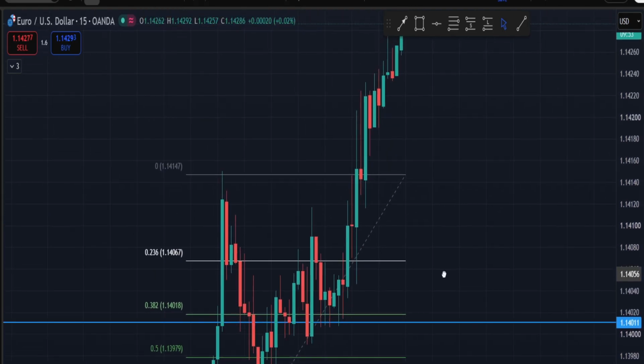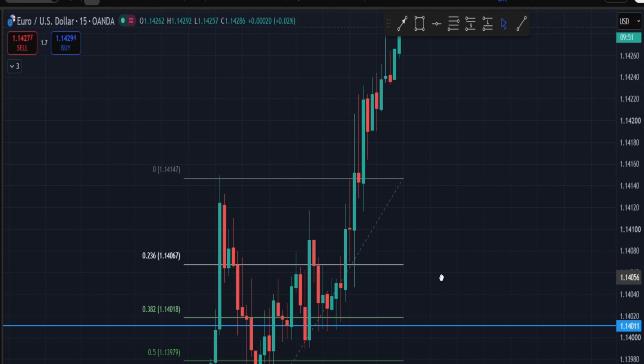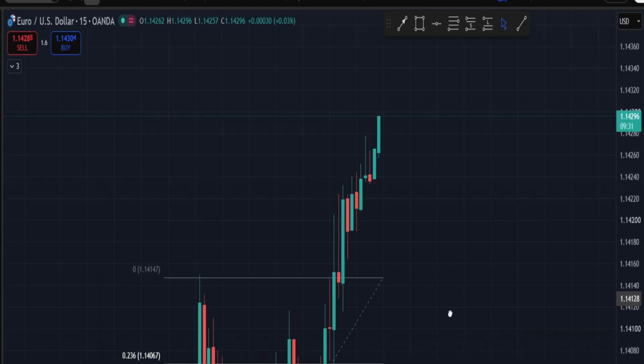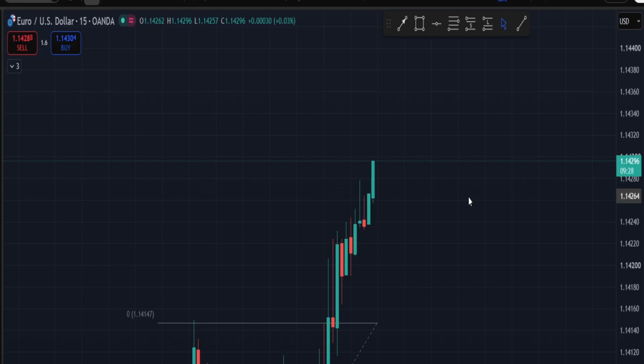And where's my take profit? I think my take profit is still high. My take profit has not been hit yet, but I believe that before today runs out, the take profit is going to be hit. Let me check the point again. My take profit is around 1.14294, and the market is almost at that point. That is my take profit.